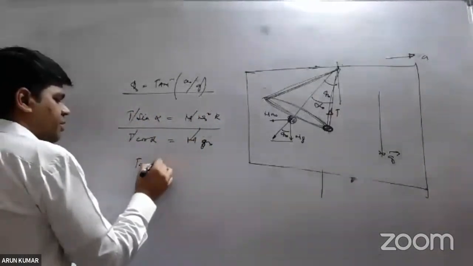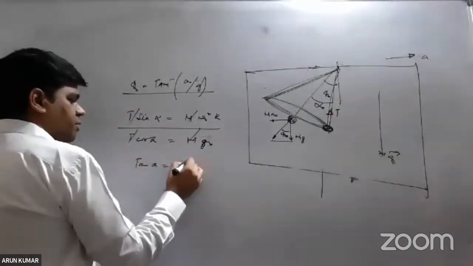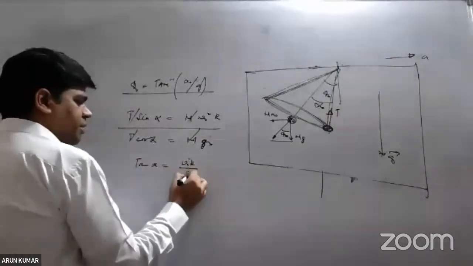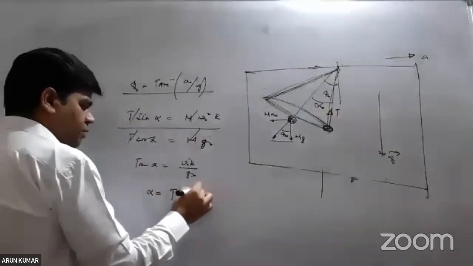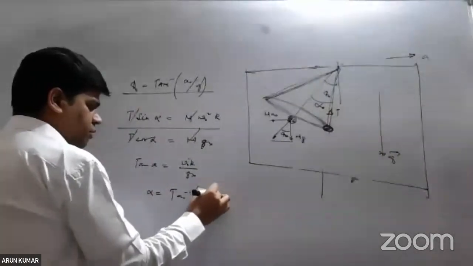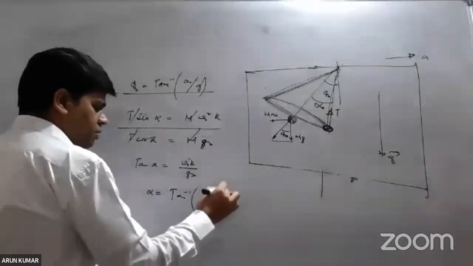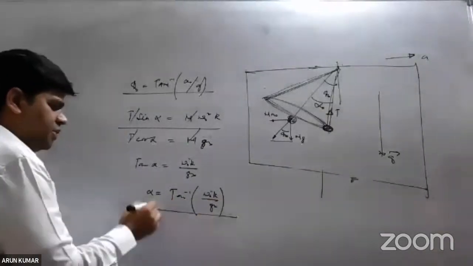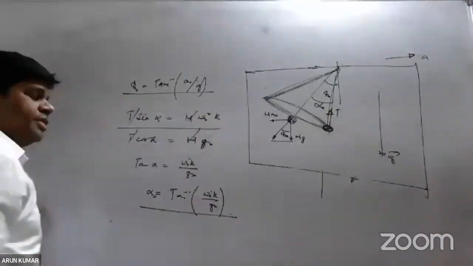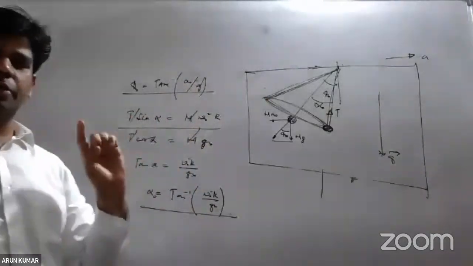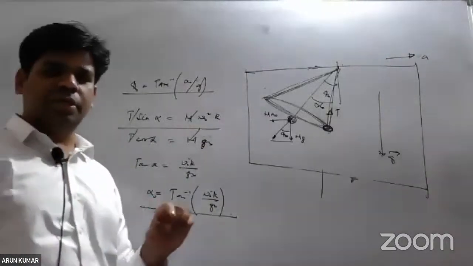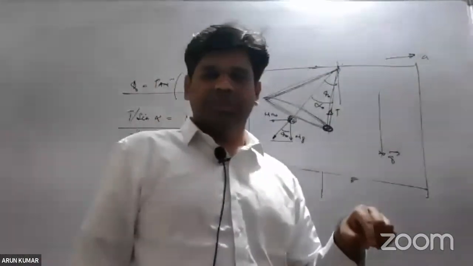I'll have tan alpha equal to omega square r by g effective. Alpha is tan inverse of omega square r by g effective. So this alpha is measured with this new, inclined vertical. In a conical pendulum, I always measure alpha with respect to the g effective direction.